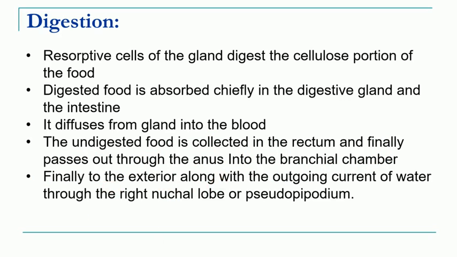Once this undigested food material is collected and passed on, it is finally given out of the body through the water current through the right nostril lobe, which we have also referred to as pseudopodium. This is the final mechanism where food is absorbed and the undigested food is given out of the body through the anus with the help of water current.